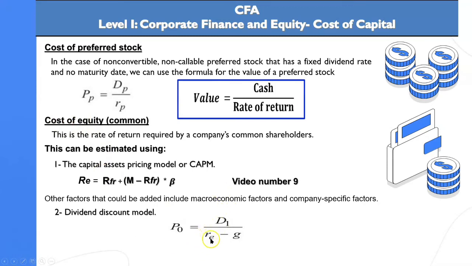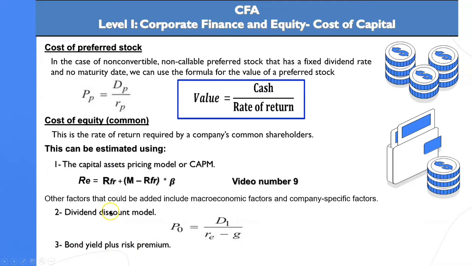Minus growth. I read the data, the previous history of the company's payments, and I will find out G. What is left is only R, the cost of equity, and I can find it out using this formula, which is basically value equals cash I receive divided by the required rate of return.